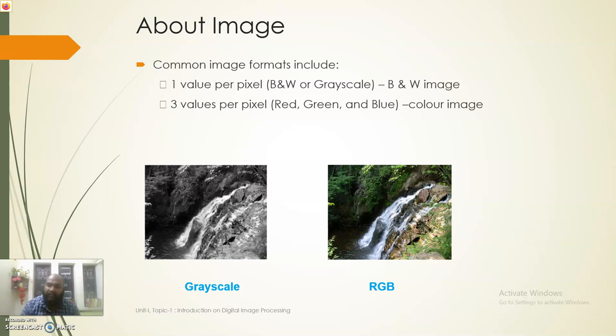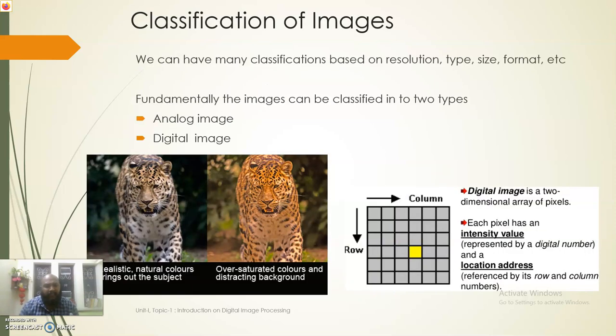What are the three values? That is red, green and blue. So the images we have are in two formats. One is black and white image format and another one is color image format.